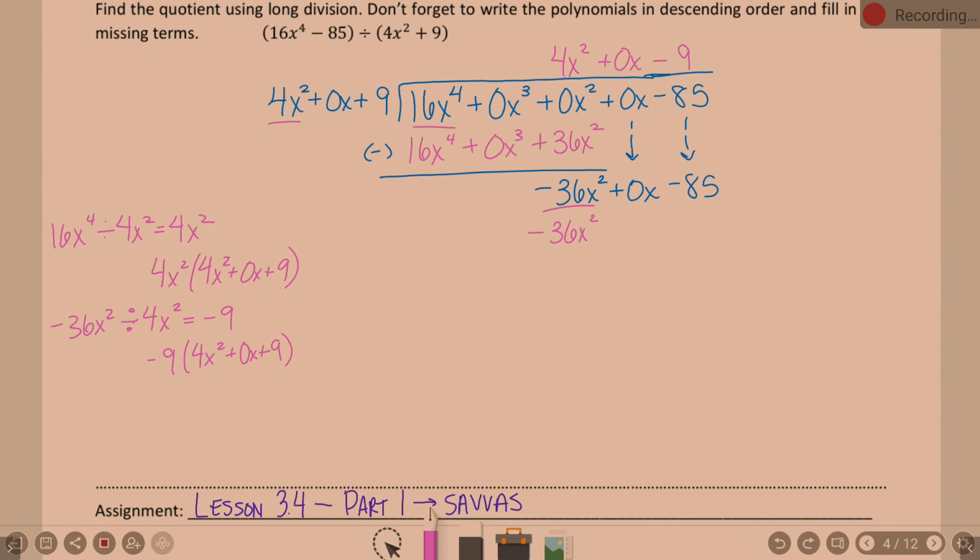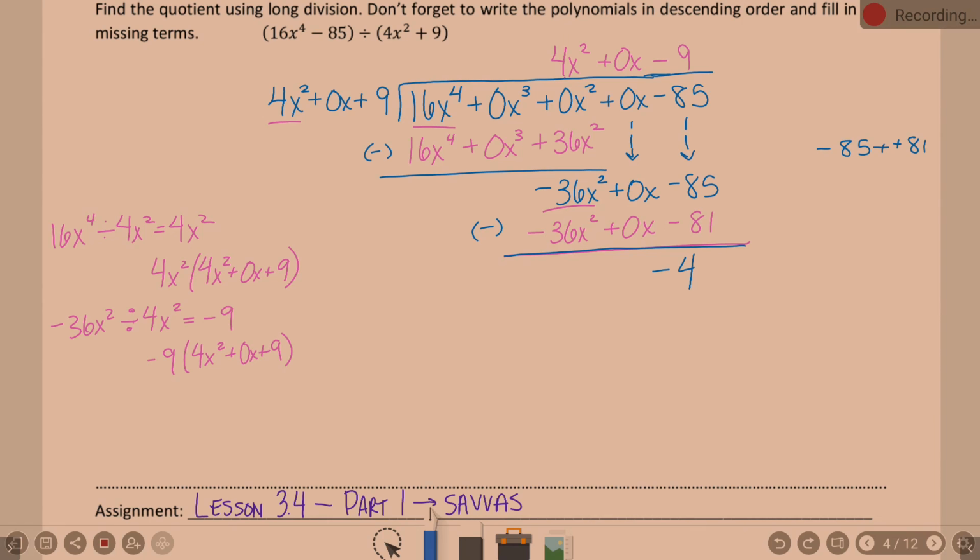Negative 9 times 0x is 0. Negative 9 times 9 is minus 81. And subtract. Negative 36 and negative 36 cancel when you subtract. 0 and 0 are 0. Negative 85 minus negative 81, so you're adding, gives negative 4.